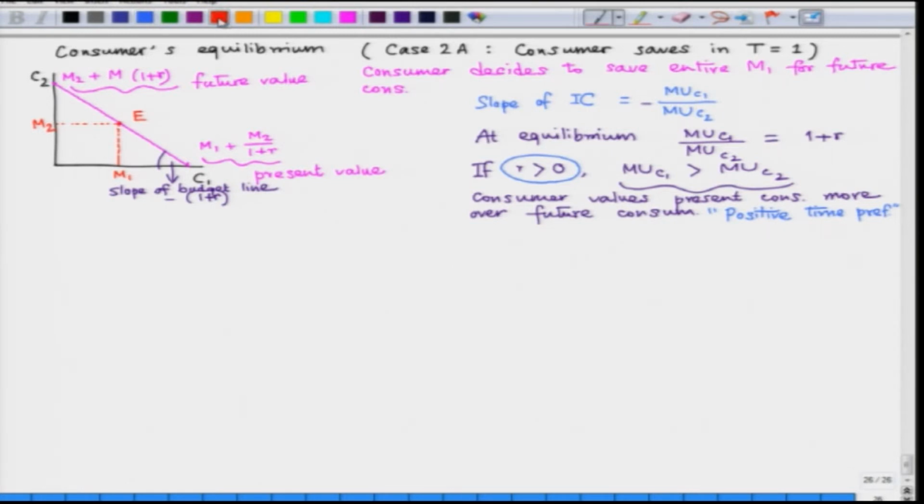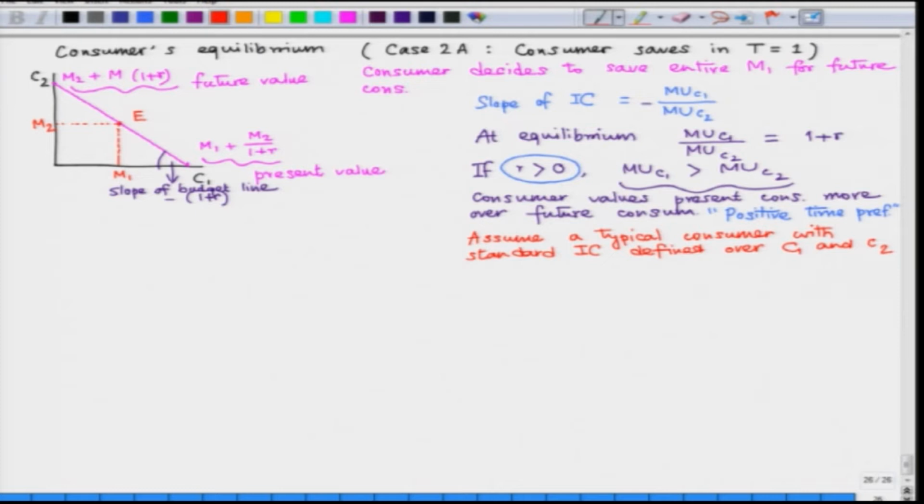Now, we assume a typical consumer with standard indifference curve defined over C1 and C2 in order to find the consumer's equilibrium.